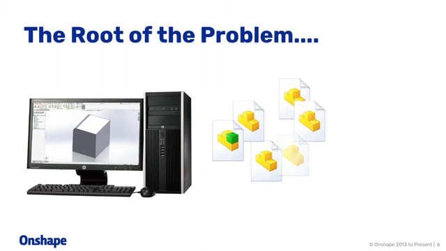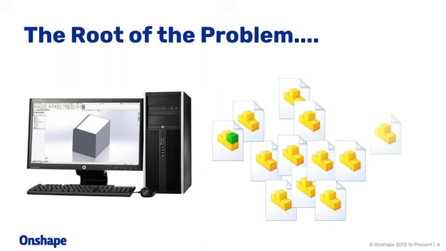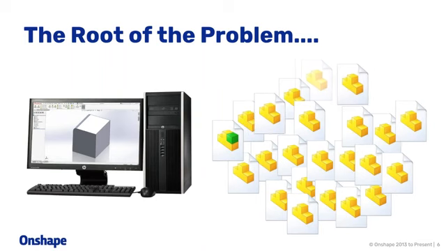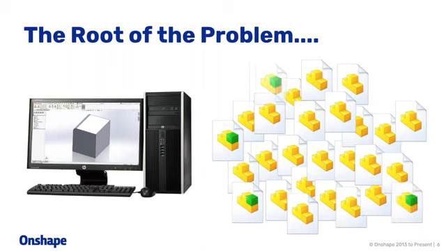It's essentially every part, assembly, and drawing has its own file. And these files really are the root of the problem. They make it difficult to communicate, difficult to collaborate, and difficult to just share data. Files become corrupt, and there are lots of issues related to this one topic, and I could talk about this all day, but obviously there is limited time.